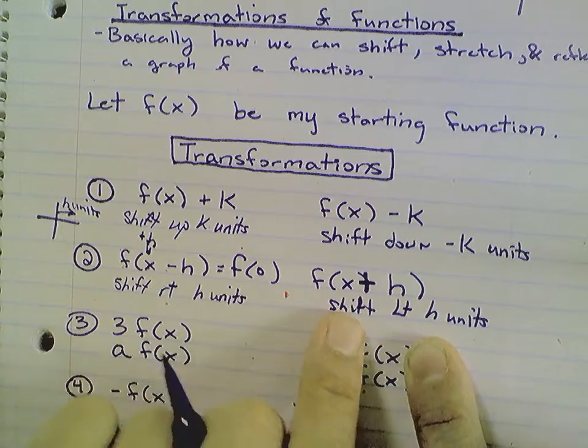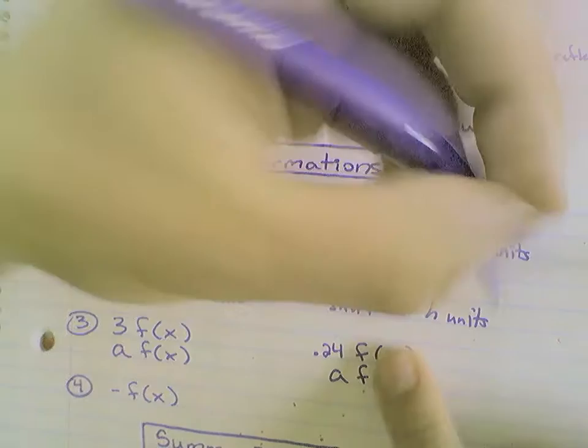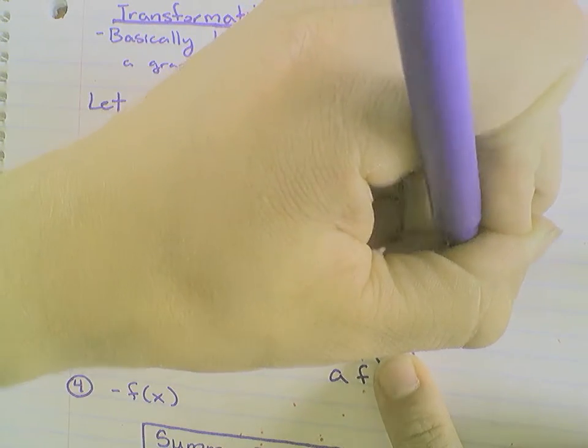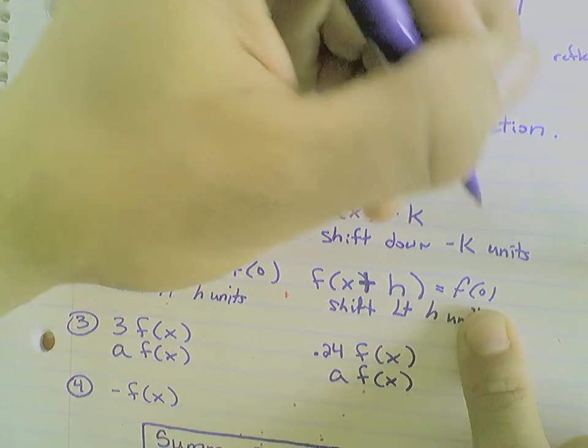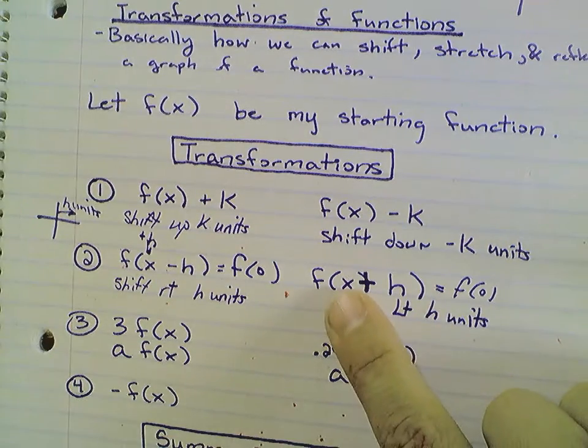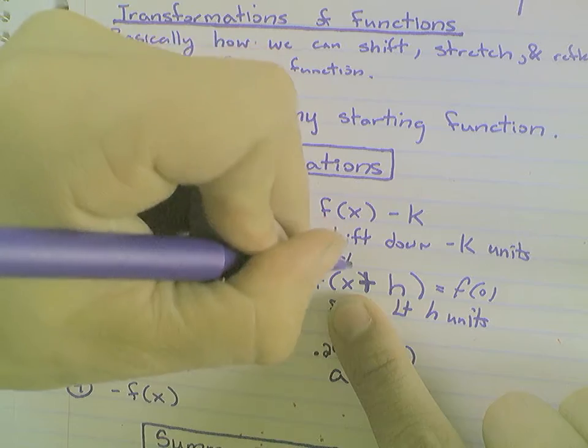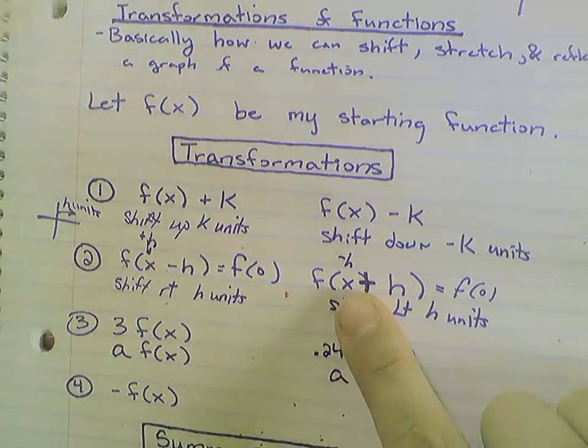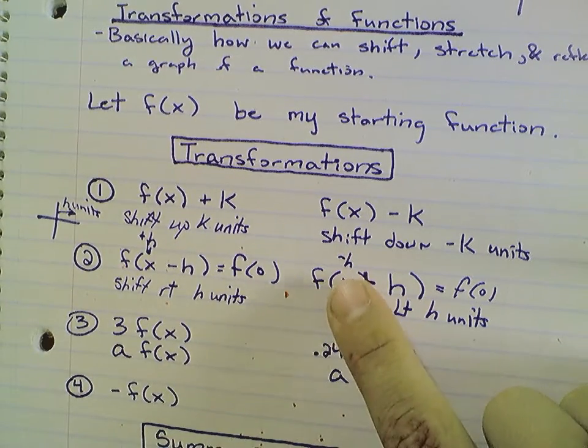And similar to that, if I look at this one, well, what would make this function's inside equal to 0? Well, that's going to be the case when I plug in a negative h. So a positive h is actually going to move me negative h, because that's what I got to plug in to get 0.